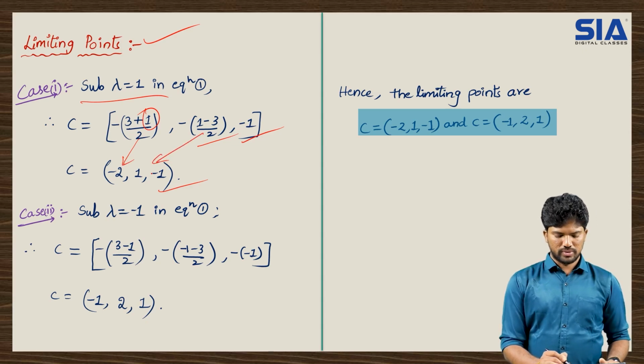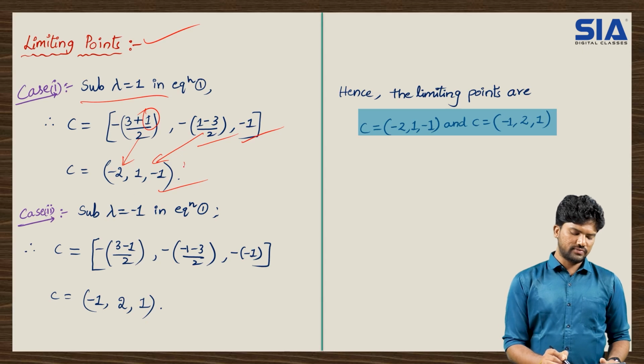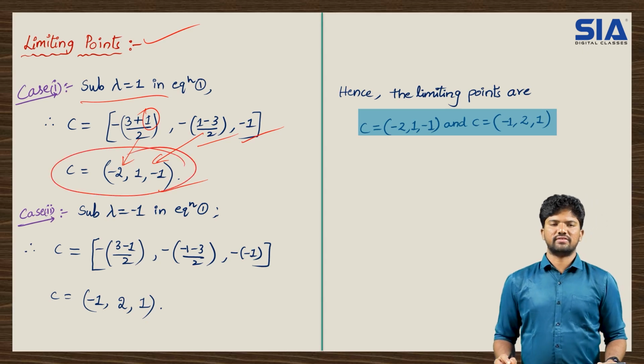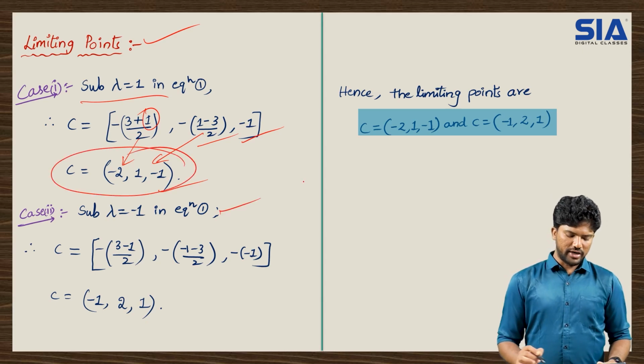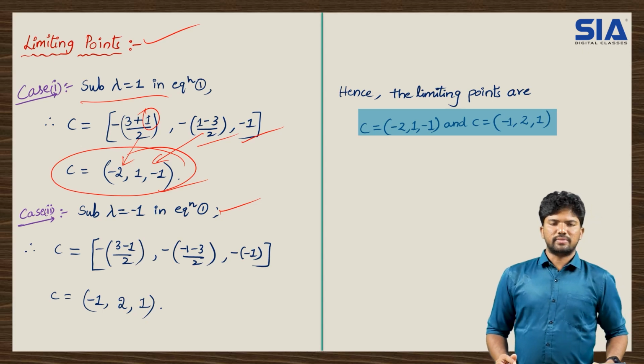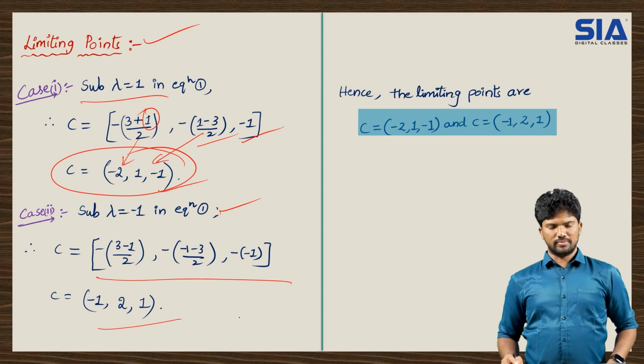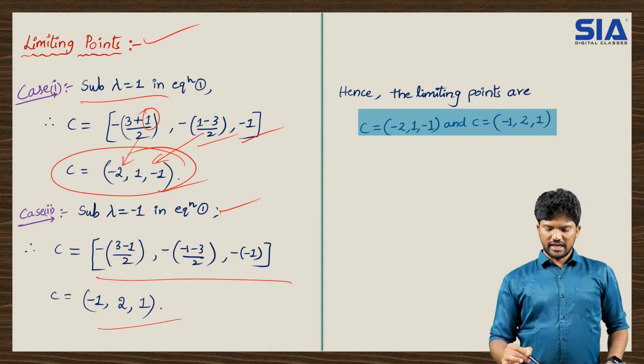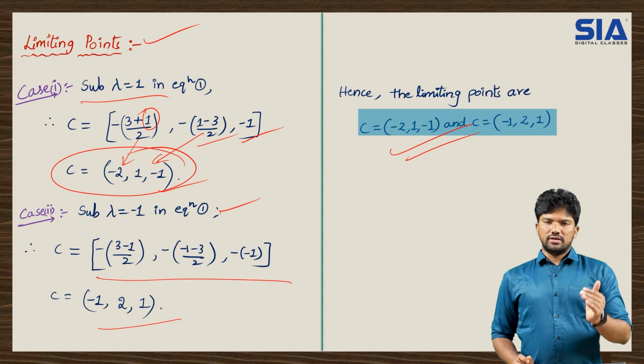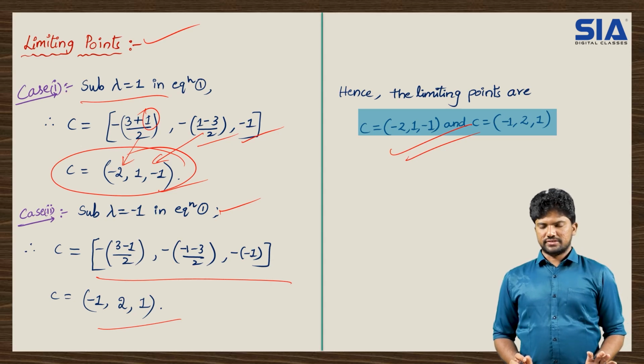Minus into minus, plus 2 by 2, is 1, and minus 1. So this is the first limiting point of the given spheres. For the second limiting point, substitute lambda is equal to minus 1 in equation number 1. Then you will get C is equal to (minus 1, 2, 1). This is the second limiting point of the given system of spheres.